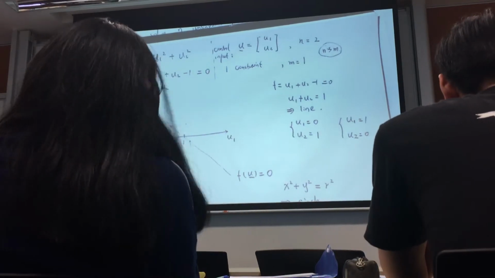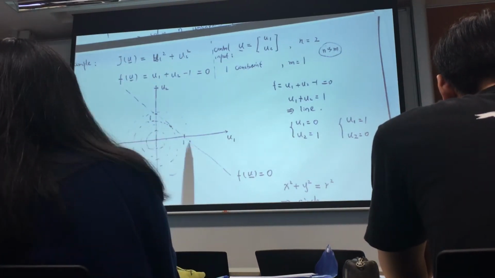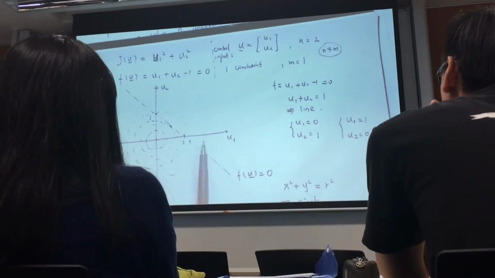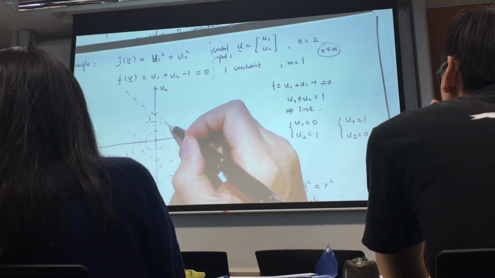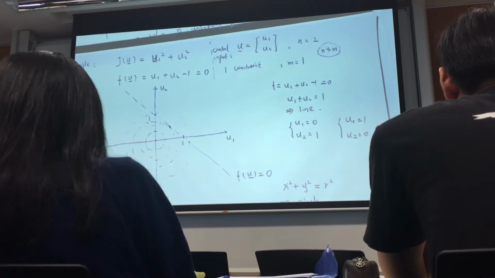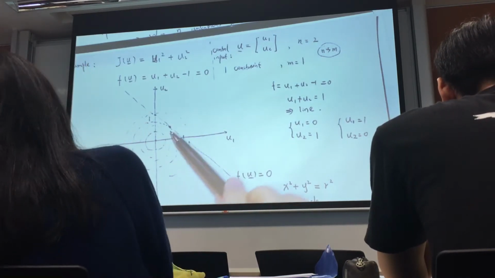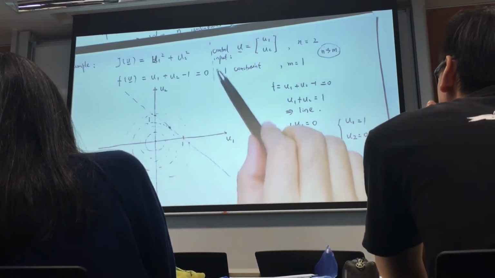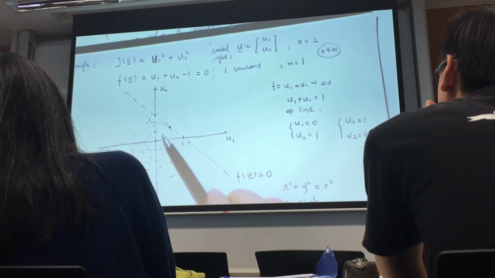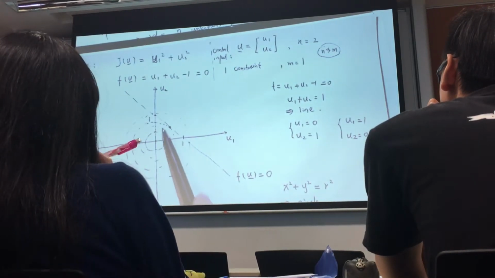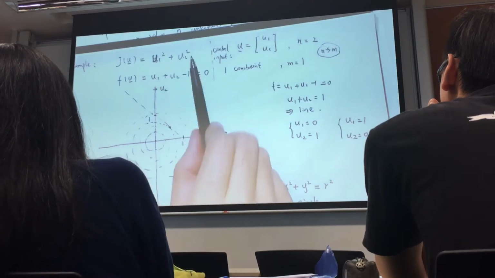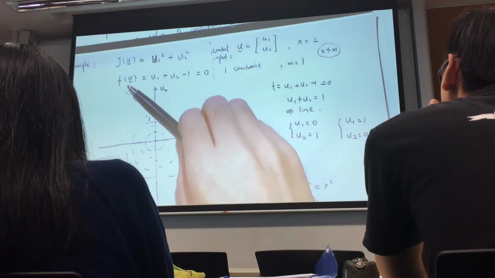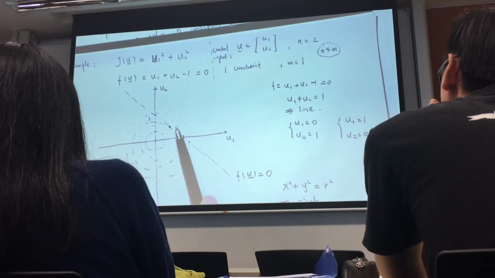So the potential solution for this problem is given by this point. It satisfies the condition that it is on this line, satisfying the constraint, and the circle just touches the line at this particular point.